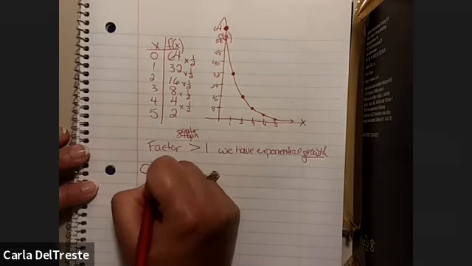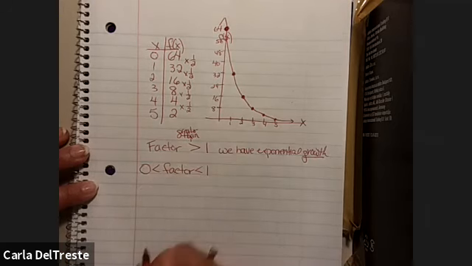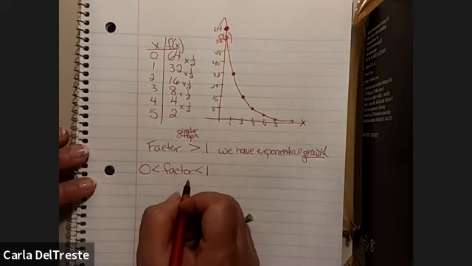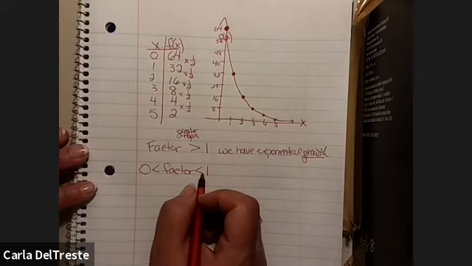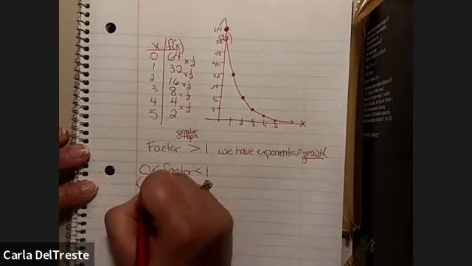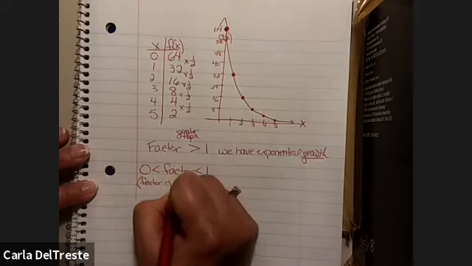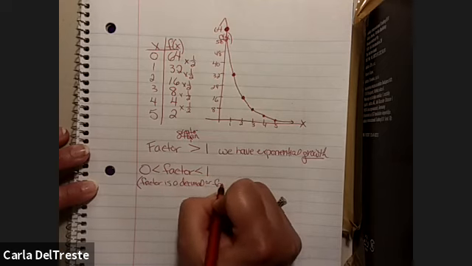If the factor is between 0 and 1, so the factor is stuck between 0 and 1, or in other words, the factor is a decimal or a fraction, okay? So we can put that in parentheses here. The factor is a decimal or fraction.